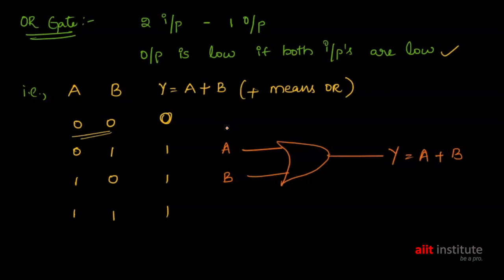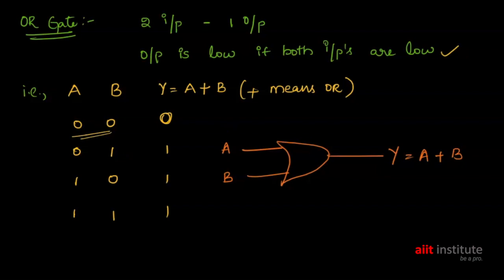If there are more than two inputs, then for that also truth table can be realized. But the same definition follows over there too, which is the output is low only if all the inputs are low. Okay, so this is how OR gate can be realized.